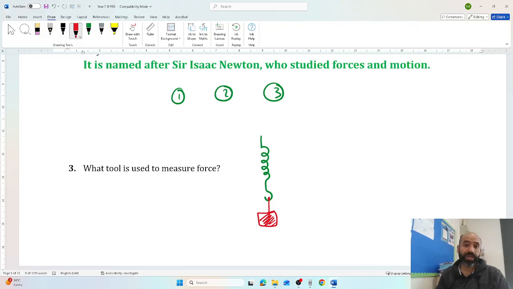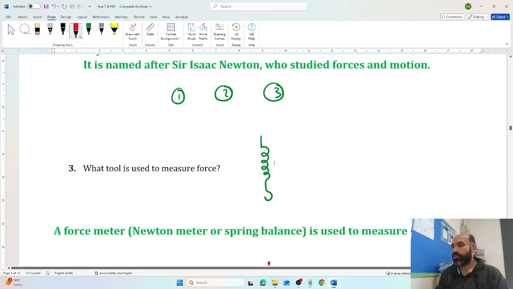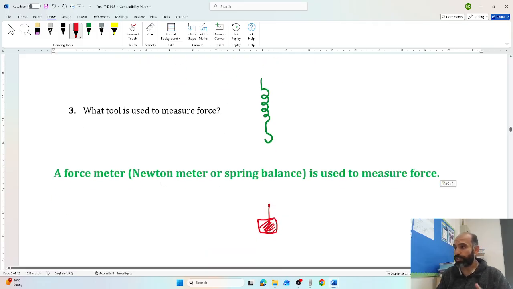This one is called spring balance. It has multiple names. It's called force meter, spring balance. This is the way that you will answer this type of question. Can you see? So what is the tool that we are using to measure force? It's called force meter, or it's called Newton meter, or it's called spring balance.